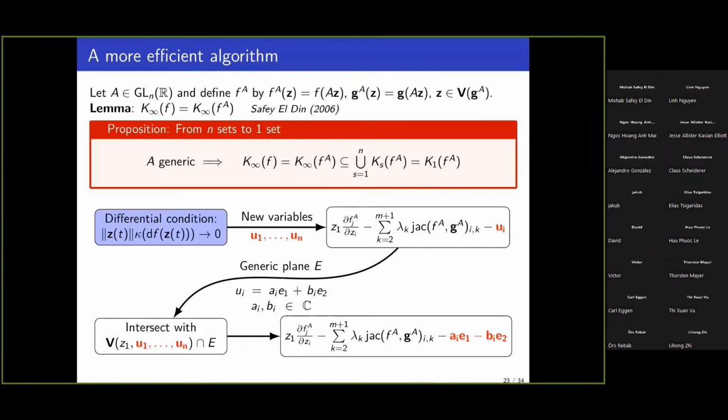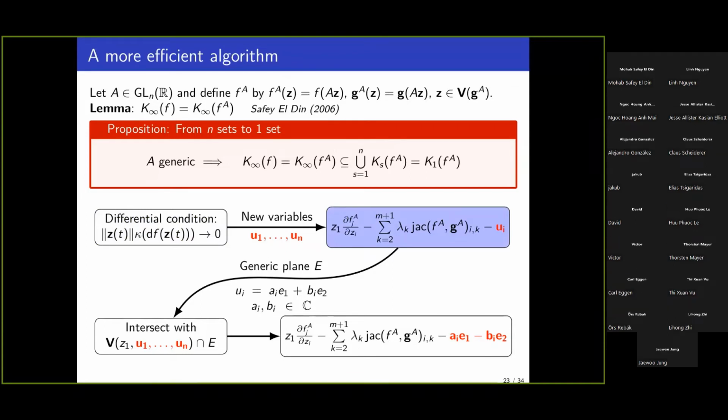The second element of randomization has to do with this differential condition. As I mentioned before, we introduced these new variables u1 to un, but this is kind of redundant because we're going to set them all to 0 anyway in a second. To take advantage of this, we want to intersect the generic plane E, defined by these equations.